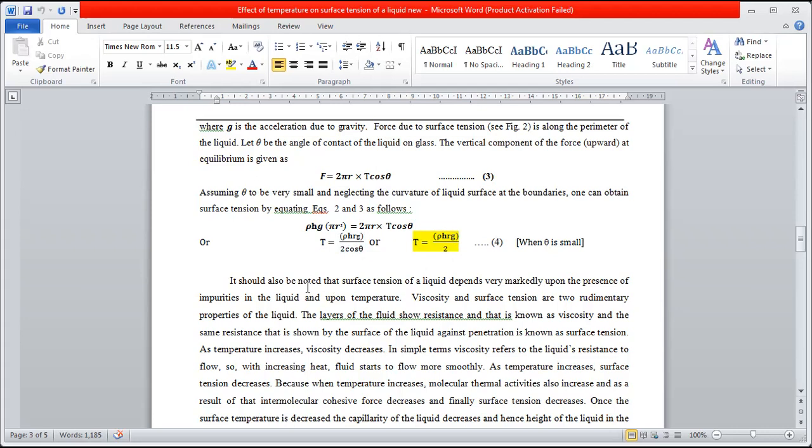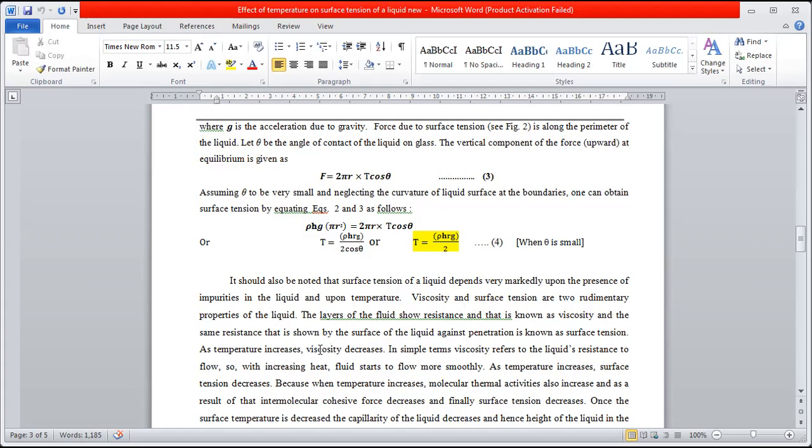It should also be noted that the surface tension of a liquid depends very markedly upon the presence of impurities in the liquid and upon the temperature. Viscosity and surface tension are two rudimentary properties of the liquid. The layers of the fluid show resistance, and that is known as the phenomenon of viscosity.